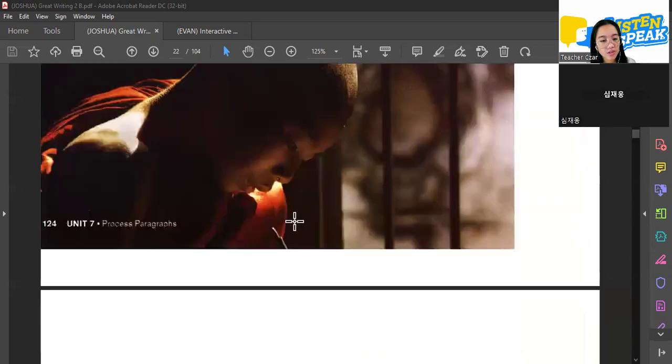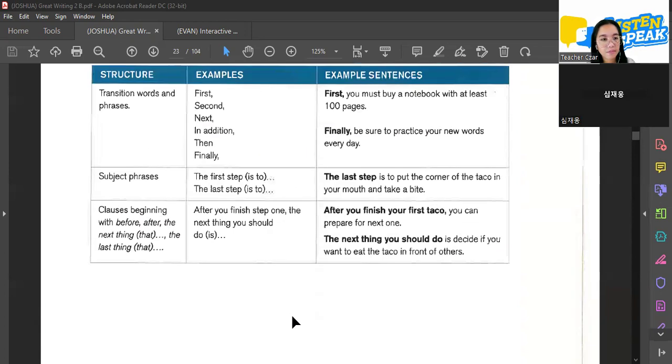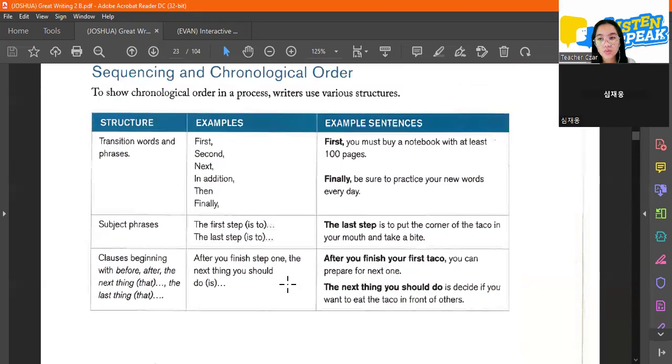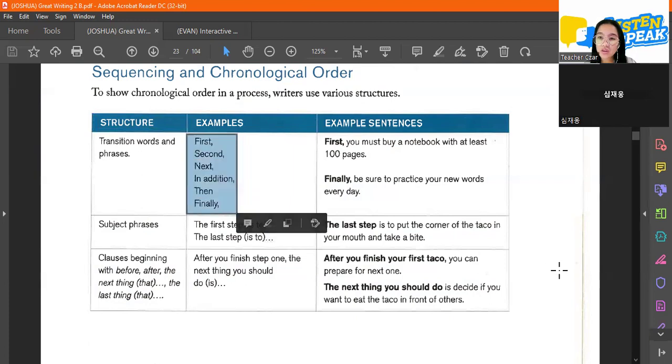Now, let's have the next one. So as you can see, this is the sequencing that I mentioned to you earlier, or the chronological order. So we have the structure, examples, and also the example sentence. In the structure, transition words and phrases, you have the sequencing that we use especially in writing a process paragraph.